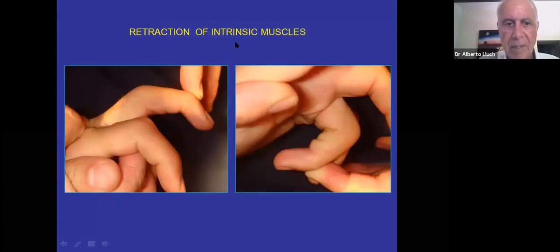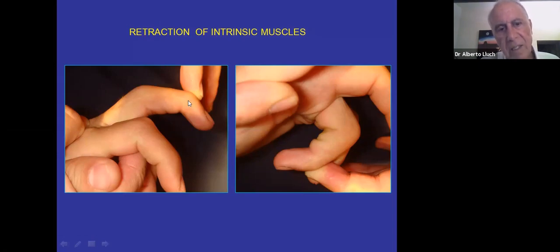Retraction of the intrinsic muscles. How will we know if there is a retraction? Well, placing the MP joint in extension, here, placing the MP joint in extension. This is my finger holding it in extension. With my other hand, I try to flex the PIP joint, and I will see here is blanching of the skin, my skin and the skin of the patient, and because of the shortening of the intrinsic muscles, I will not be able to flex the PIP joint.